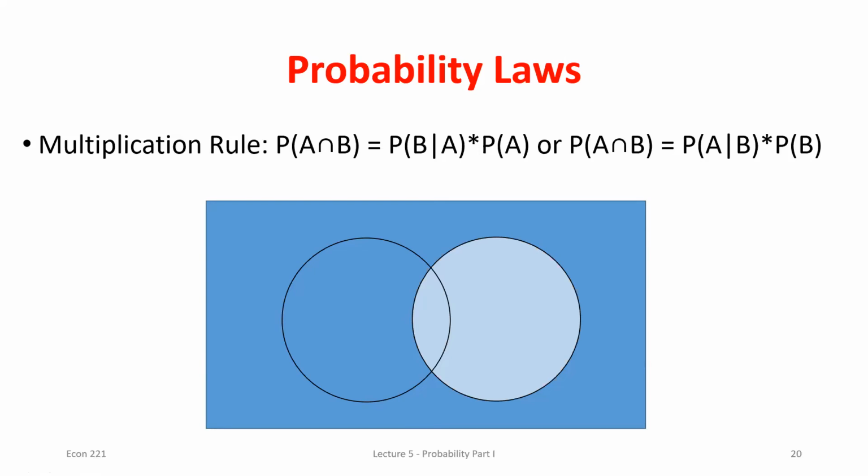Would a Democrat be more or less likely to want to vote for the legalization of marijuana? More, by all the data that we see. So having this additional piece of information, knowing that person is a registered Democrat, we now think the probability that B happens, that they are in support, is probably higher.